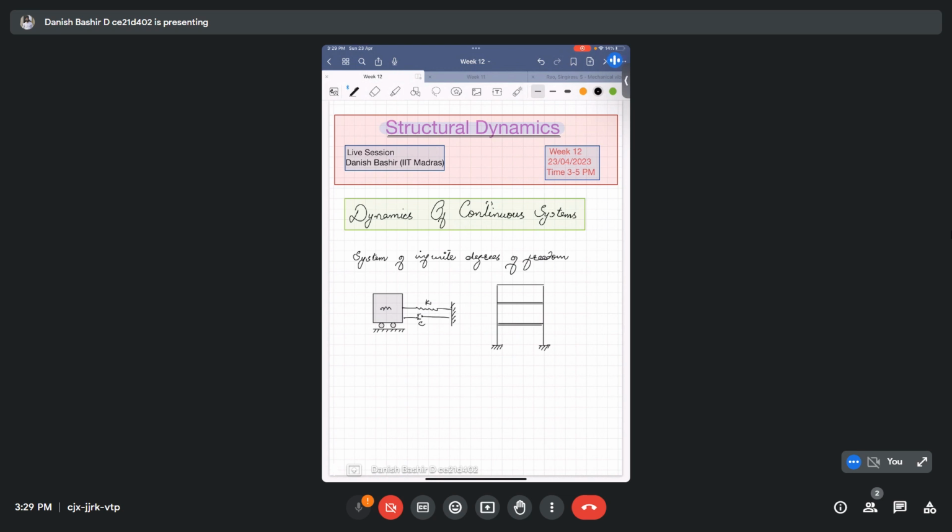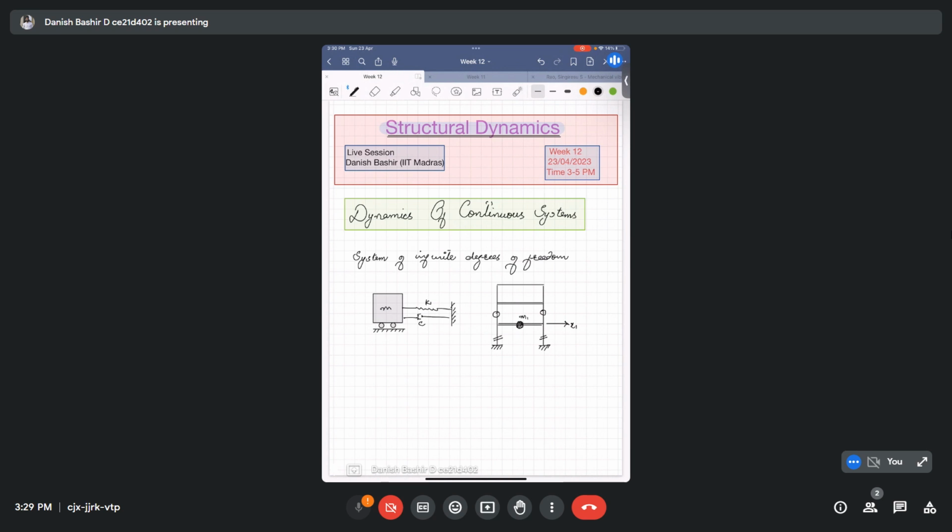These are the below columns. We didn't consider their contribution to the system, but if we considered this column and this floor system, we considered the whole mass to be lumped at a single point like this. We considered this as M1, and defined the degree of freedom at that point itself.